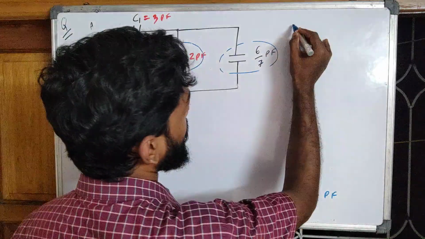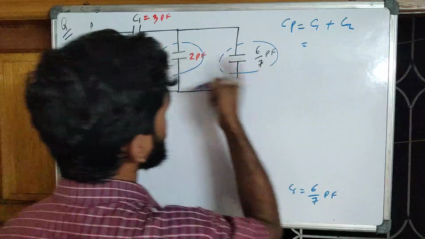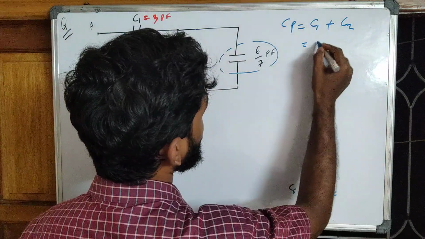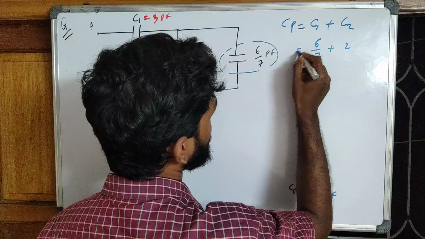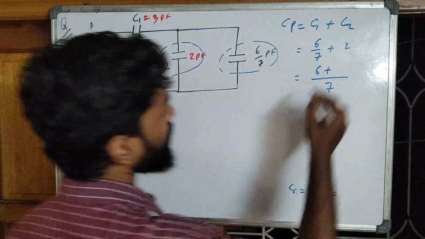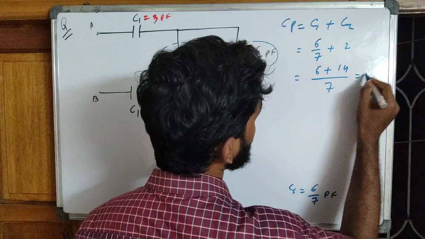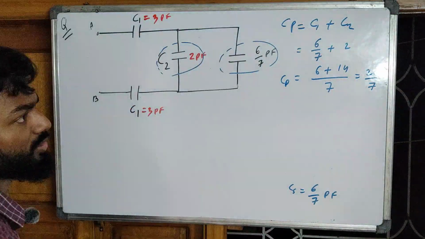So let's put the formula for parallel. Cp equals C1 plus C2. This is 6 by 7 plus C2, which is 2. 6 plus 14 is 20 upon 7. Cp is 20 upon 7 picofarad.